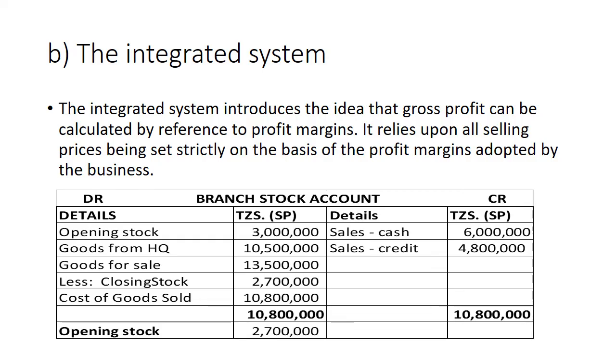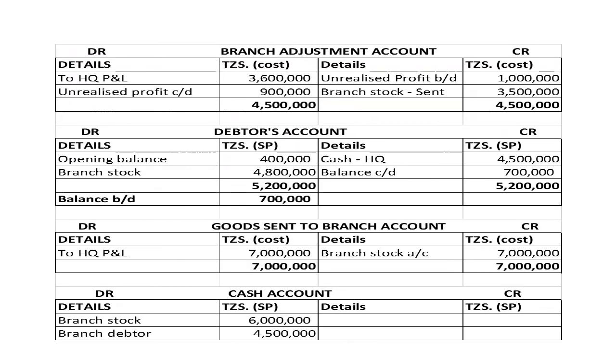The branch stock account, which is prepared at selling price as we have seen earlier, will give us discrepancies, that is, whether there are goods stolen or whatever, misappropriation of cash or goods. But again, in an integrated system, we will introduce the branch adjustment account. This branch adjustment account will take care of the profit loaded to goods sent.